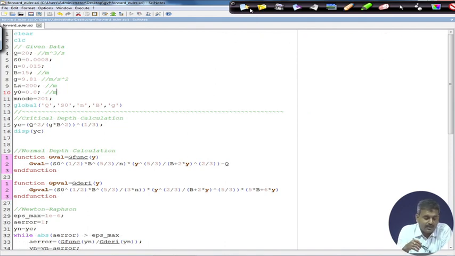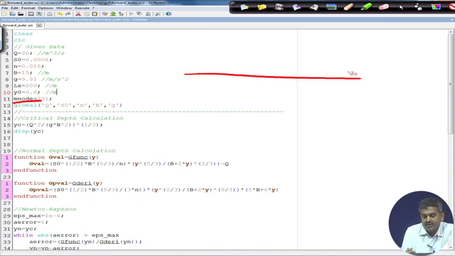If we consider this flow condition with M node, that means nodes in the x direction, M node equals 201 nodes.